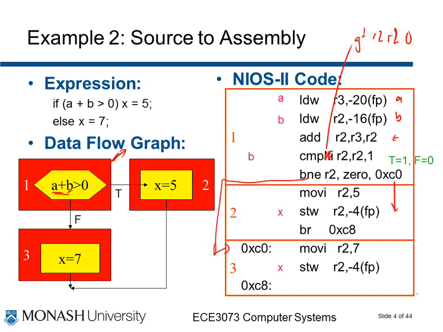Okay, what is my code? Branch if not equal to 0, I'm moving R2 into 7. So this, you can see, matches this code. So R into 7, store R2, otherwise I put 5 into R2 or X and store that.